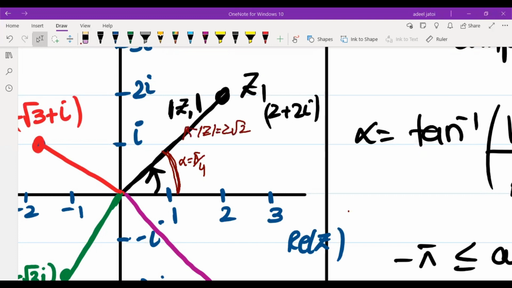So this line length is 2 under root 2, whereas this angle becomes pi upon 4 through the given 2 plus 2 iota. So this was about it from lecture number 3.